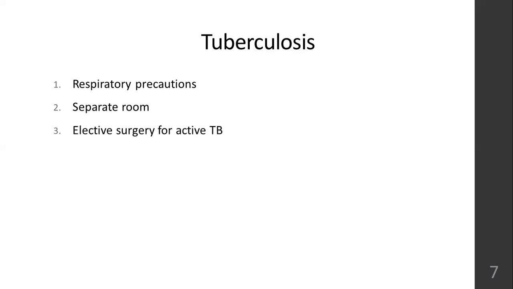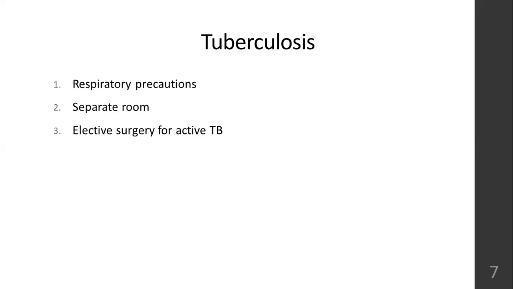Elective surgery for active TB cases: patients who are right now having TB, if they have an option, you can decide on what date to do the surgery. You have to wait for the TB infection to completely resolve and then go for the surgery, unless it is an emergency situation.